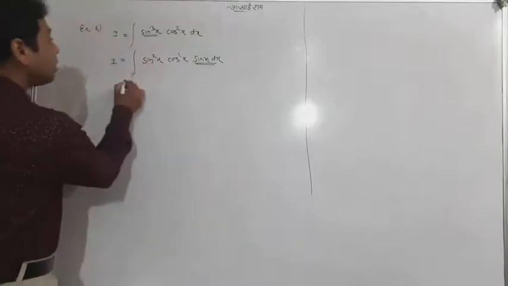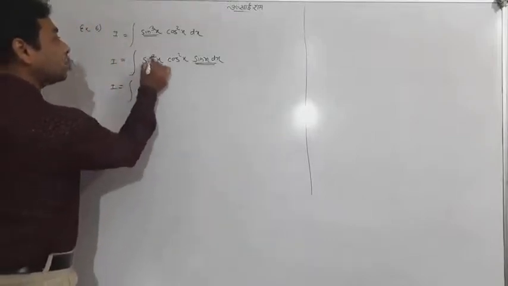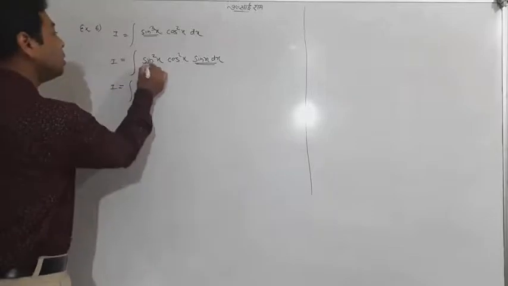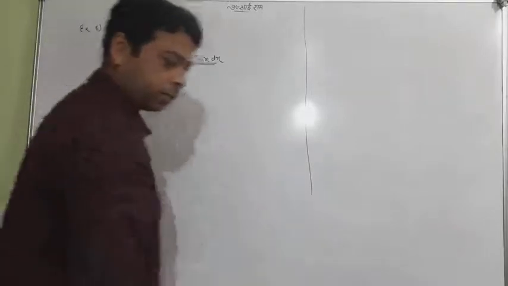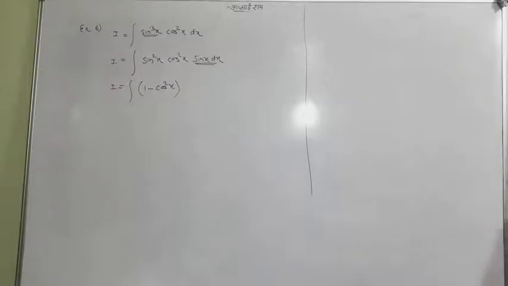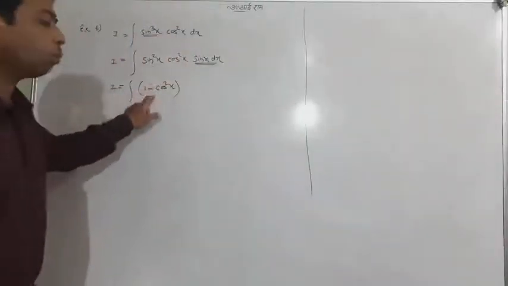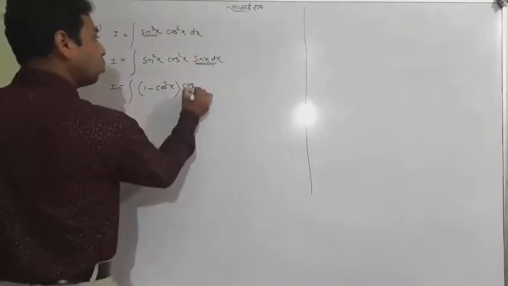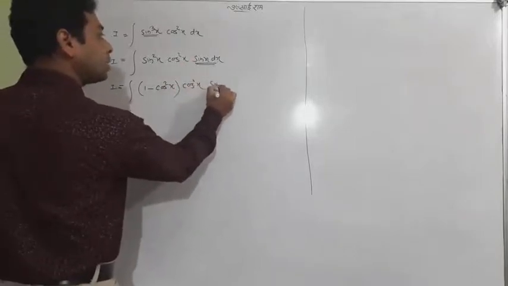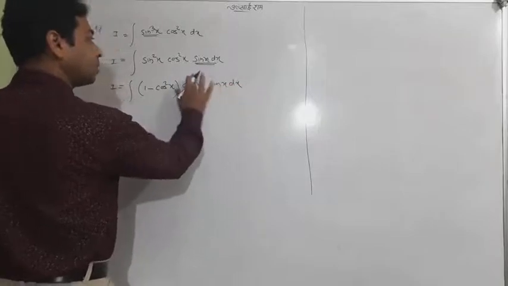So first I will turn that sine square x into cos. Sine square x is equal to 1 minus cos square x, and this is only cos square x, and this is sin x dx.